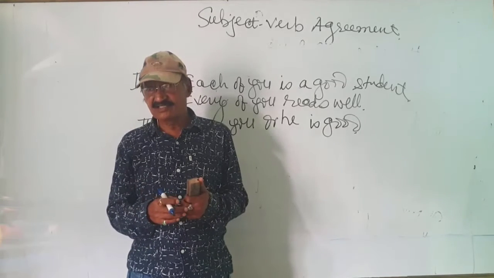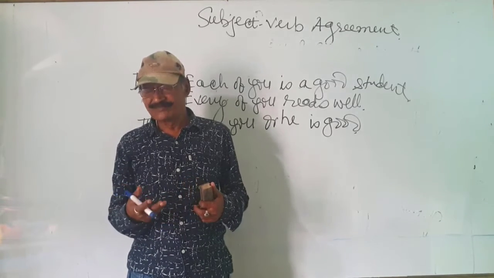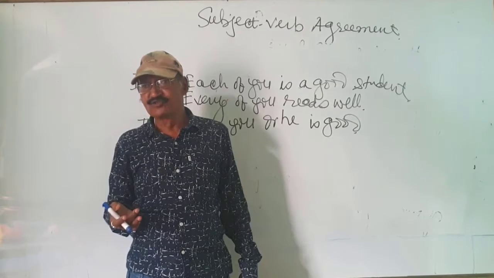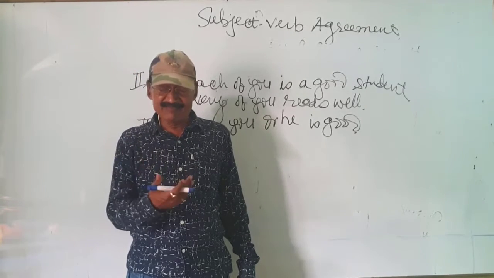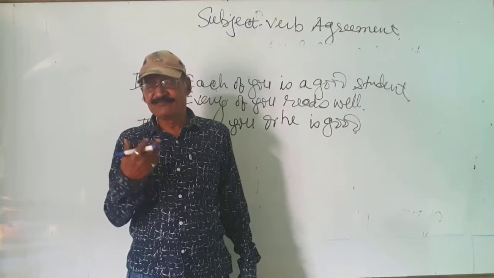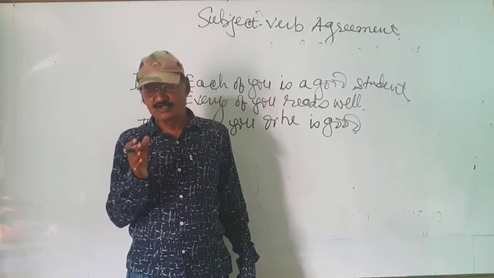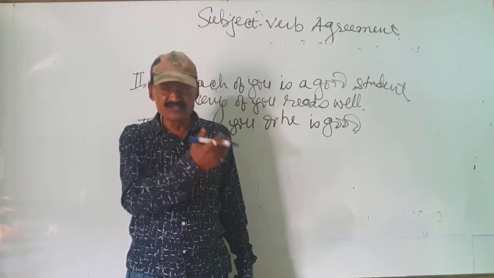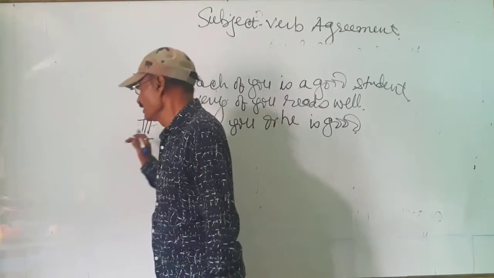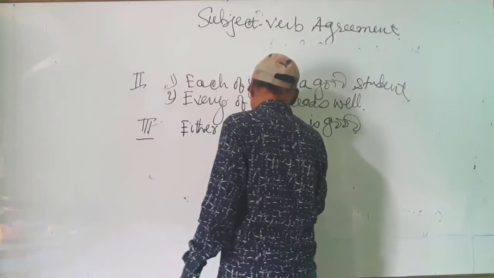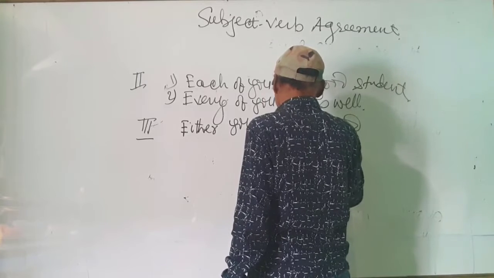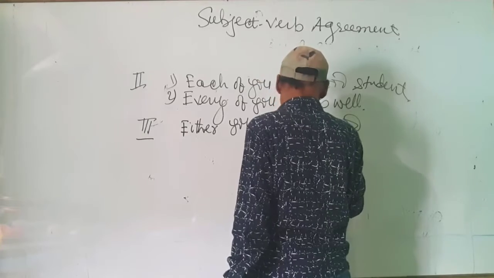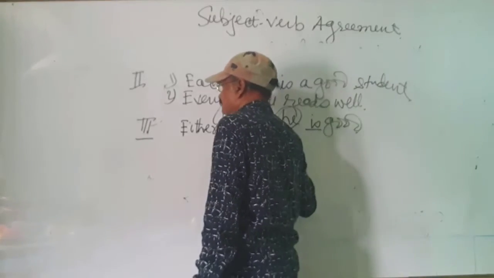Whenever the sentence is used in the form of "either... or", there can be different subjects used here. But whenever you are going to use a verb there, you will have to use it according to the nearest subject in this sentence. Either you or he is good. Your nearest subject is "he". Is it? Just look here. So according to "he", you will have to use "is". Either you or he is a good student.